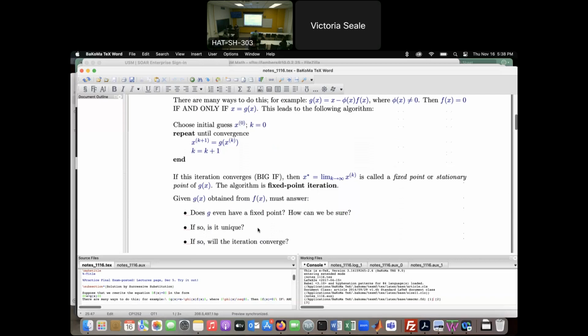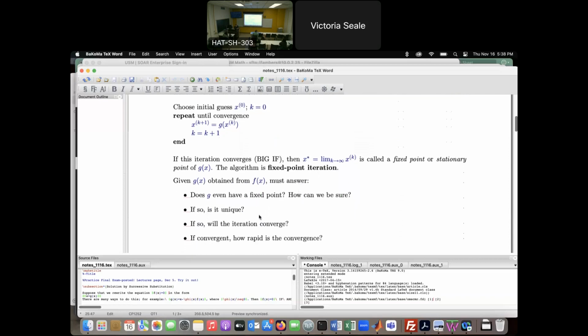If there is a unique solution, will fixed point iteration converge to it? And also, if convergence does happen, then how rapidly does it converge? Because we've already seen one root finding method, bisection, that's rather slow. Can we do better this time? And I'll be able to provide answers for all of these today.